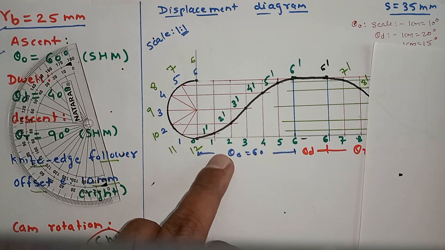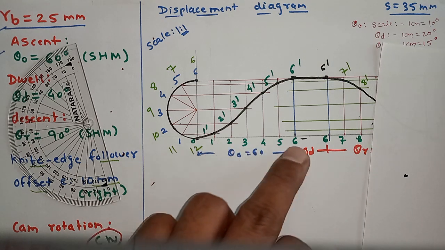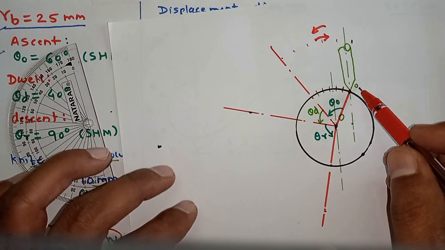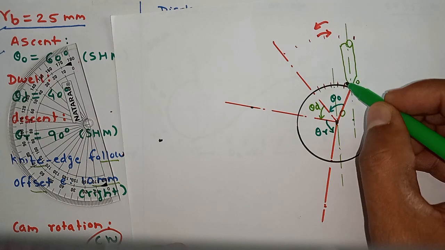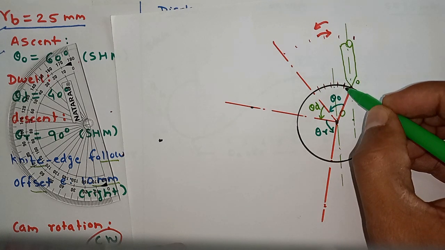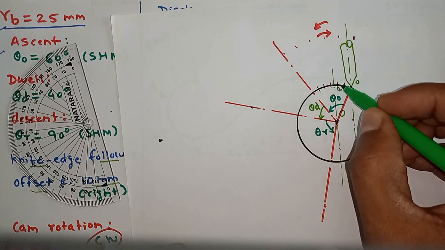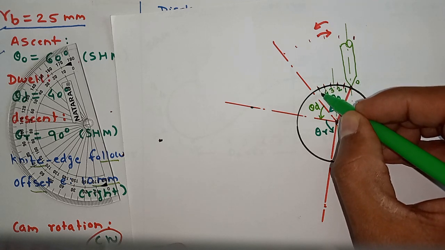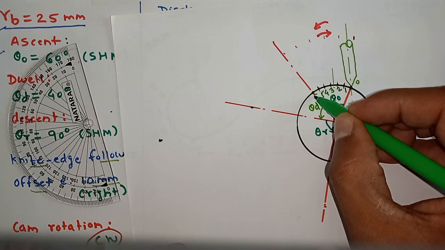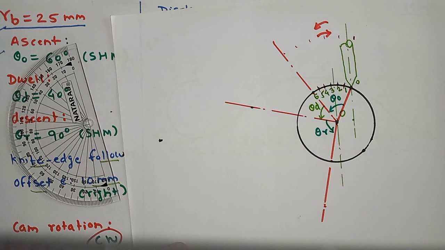So I will number the divisions for outstroke angle as 0 to 6. 0 is already there. So this is my 1, this is 2, 3, 4, 5, and this is division number 6.